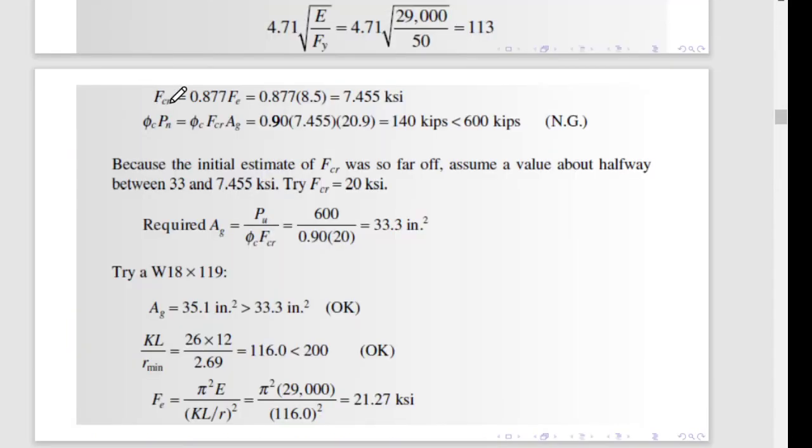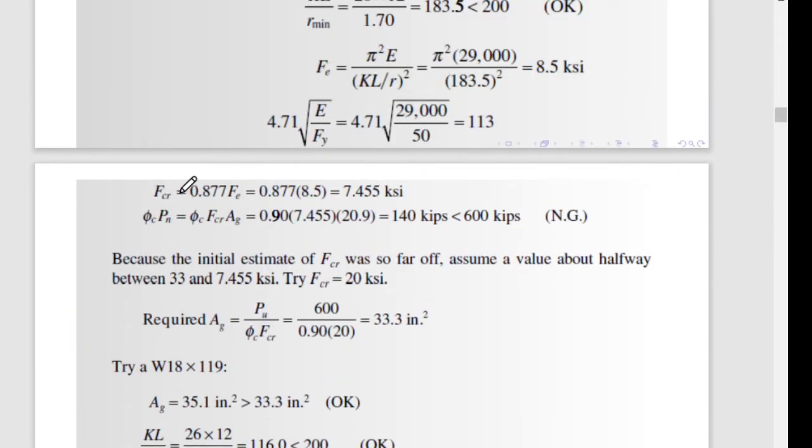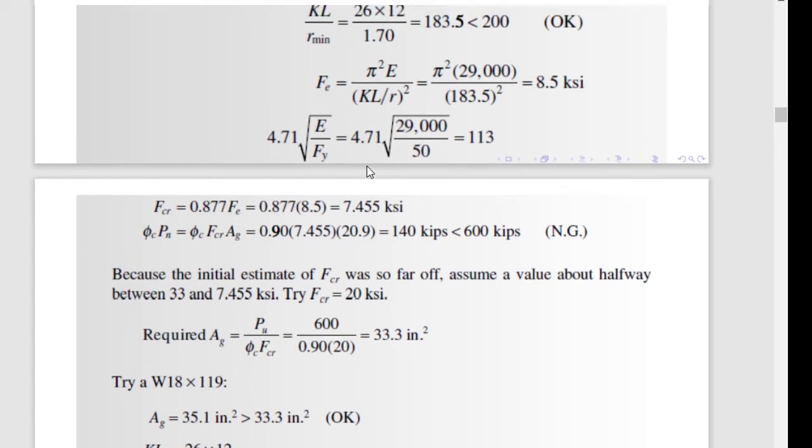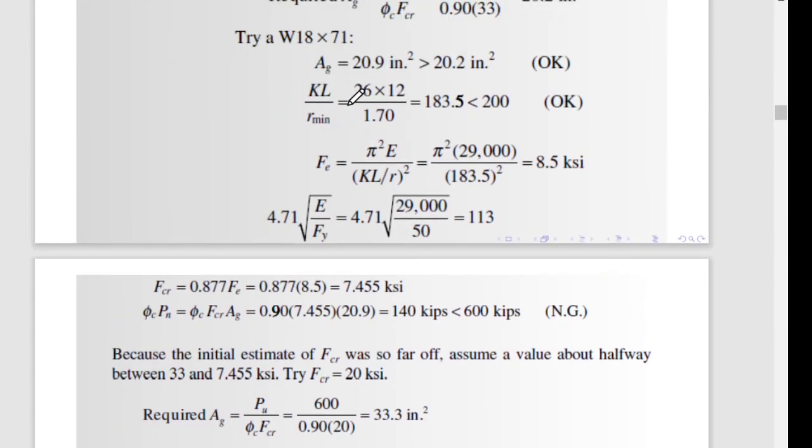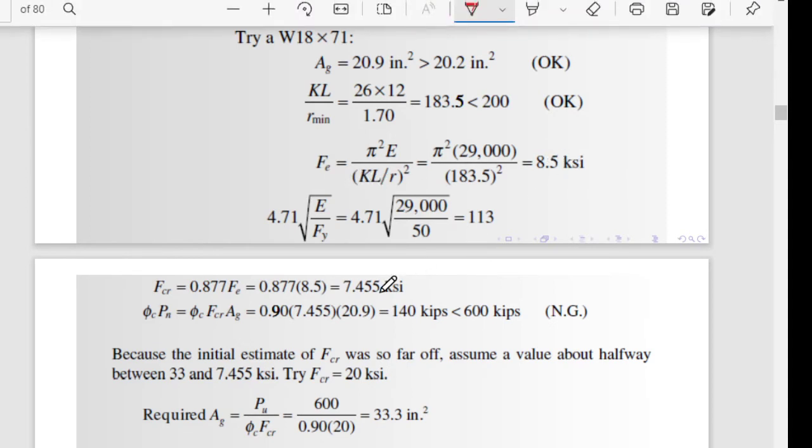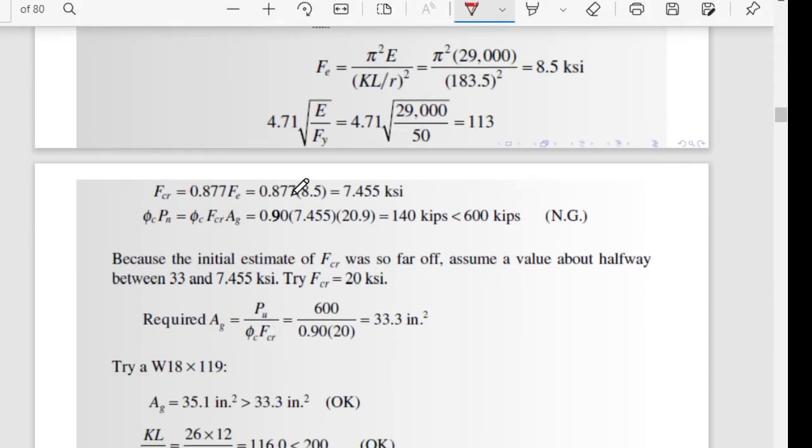We use this equation because KL over r is greater than 4.71 square root of E over Fy. Then substitute the value for Fe, which is 8.5. So the value of Fcr is 7.45455 ksi.